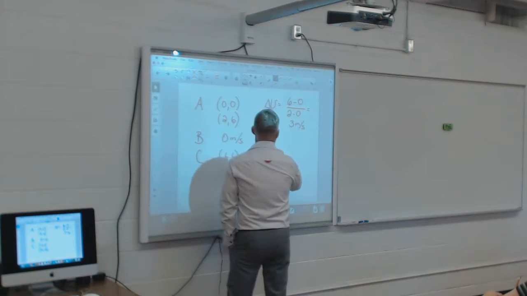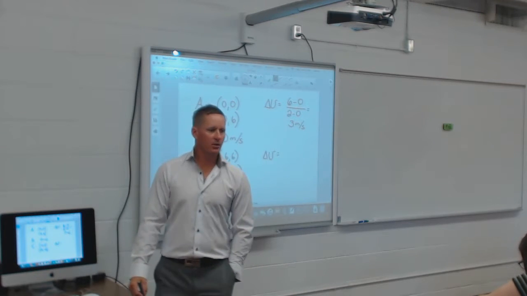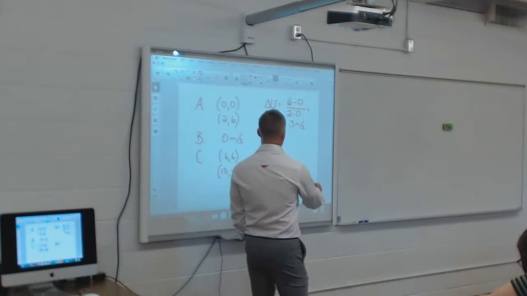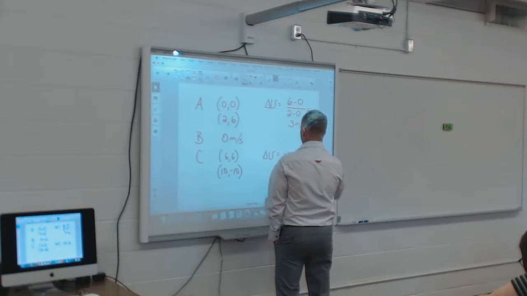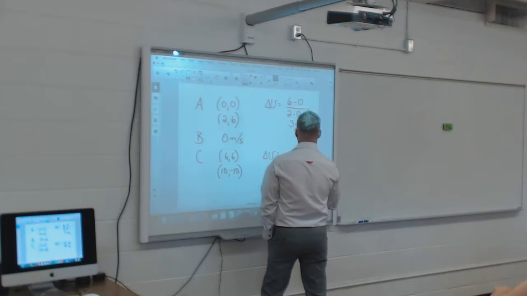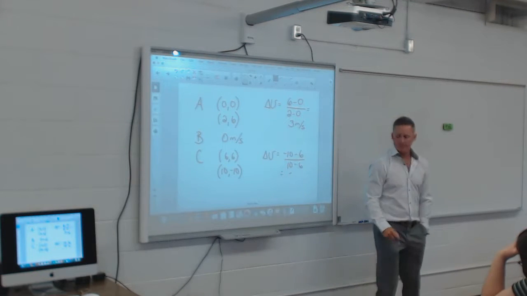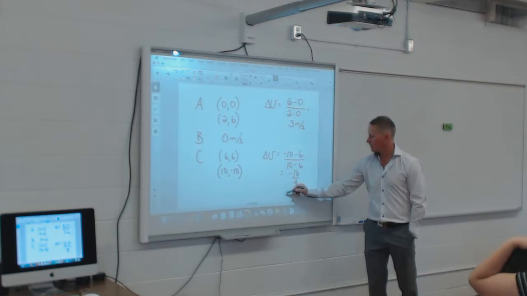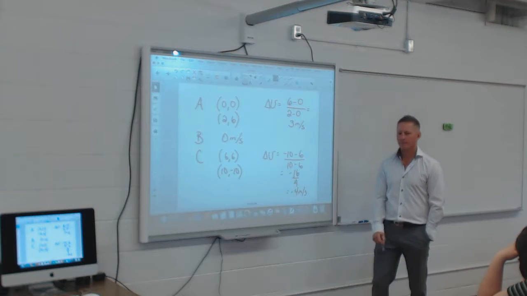So now, to find my velocity in that section: y2 minus y1 over x2 minus x1. What does it give me? Negative 16 over 4, which is negative 4 meters per second.